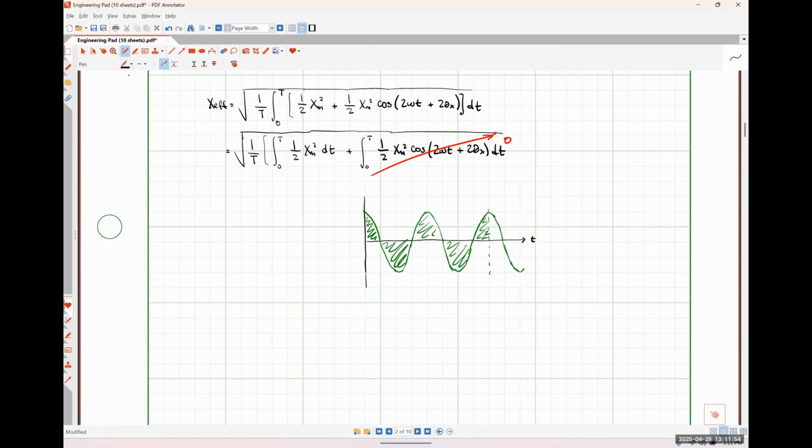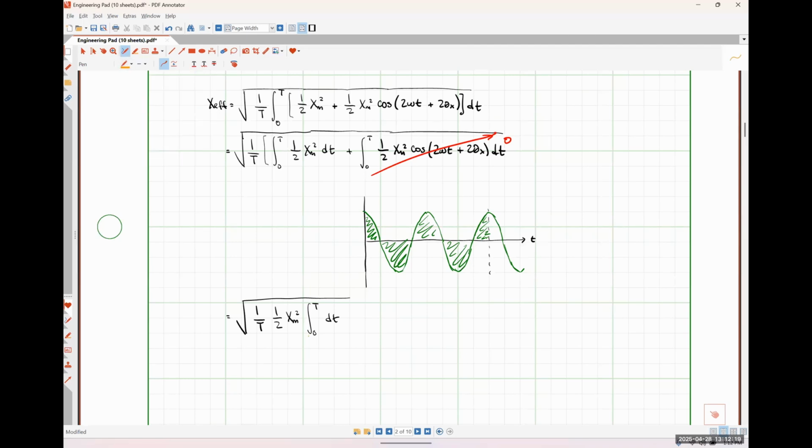So if I continue on down here, I wind up getting 1 over t. I'm going to pull out that factor of 1/2 xm squared, integrating from 0 to t of dt. Well, the integral from 0 to t of dt is literally just t.